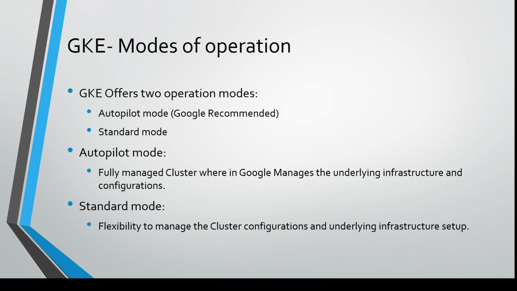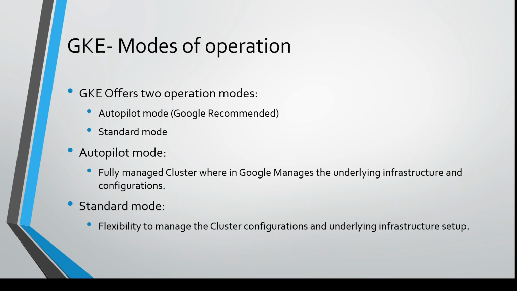So Google manages all of this in the backend. You just have to create the cluster, and then you proceed with deploying your workloads, and Google will automatically choose a node pool set based on the resources you're requesting, and then it will host your workloads on the node pools.